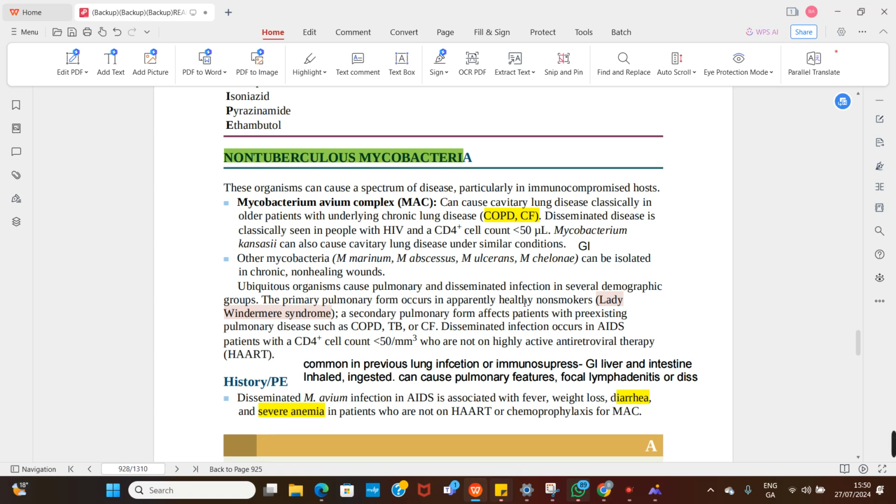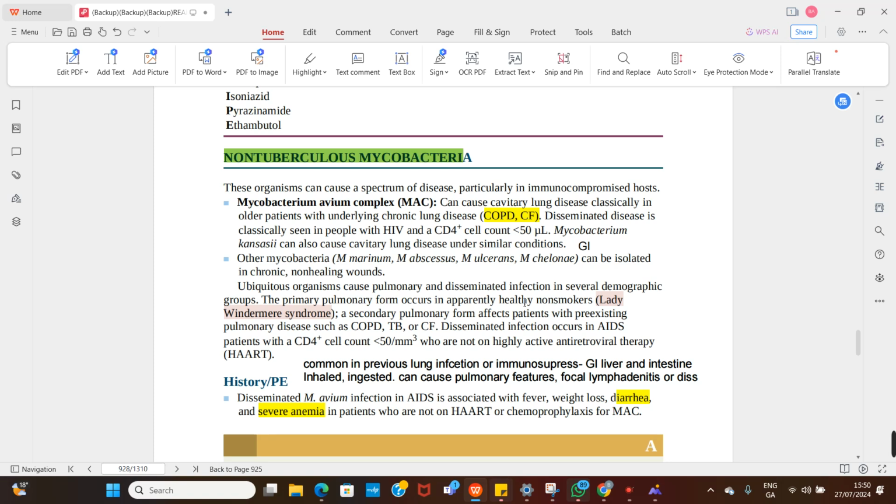So there's the primary form, which can occur without any problem. No HIV, no COPD, no cystic fibrosis. We call that the Lady Windermere syndrome. So don't worry yourself about this. This is just talking about individuals having some infiltrates affecting the right middle lobe and the lingula of the lungs, because from that area you need to cough to bring out sputum.